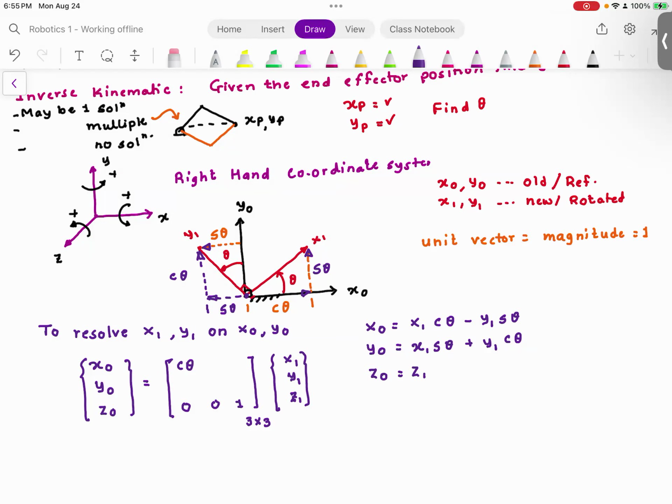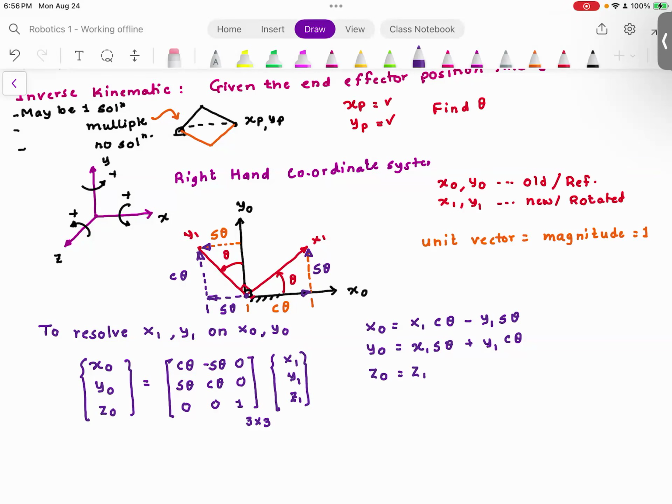Cosine theta, minus sine theta, 0; sine theta, cosine theta, 0. So which means when I multiply, I get cosine theta x1 minus sine theta y1 plus 0 times z1, and sine theta x1 plus cosine theta y1 plus 0 times z1. So I get the same set of algebraic equations. You agree with me?